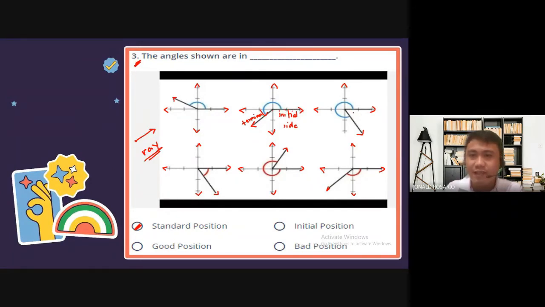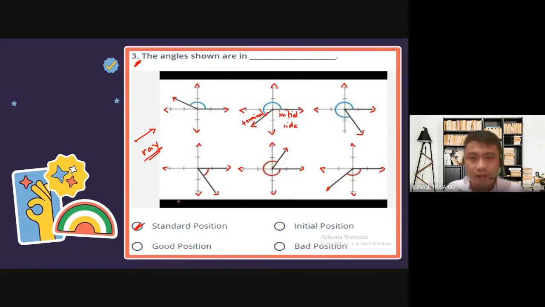So kung papansinin natin, lahat ng ating initial side ay nandito sa positive x-axis. Okay? So kaya mayroon tayong tinatawag na angles in standard position.